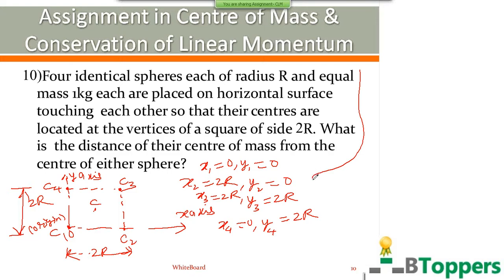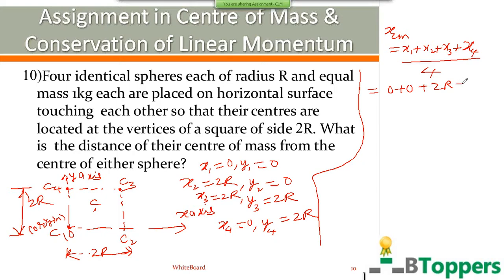If you consider a system of equal point masses, each sphere can be treated like a point mass placed at its center. So if m1 equal to m2 equal to m3 equal to m4, then the x coordinate of the center of mass will be the arithmetic mean of the x coordinates of the four masses, as I discussed in one of the special cases in the past.